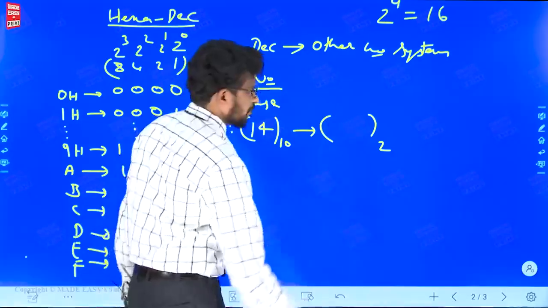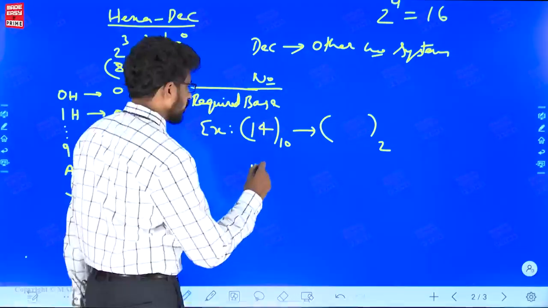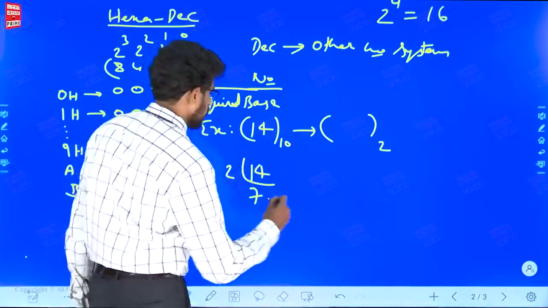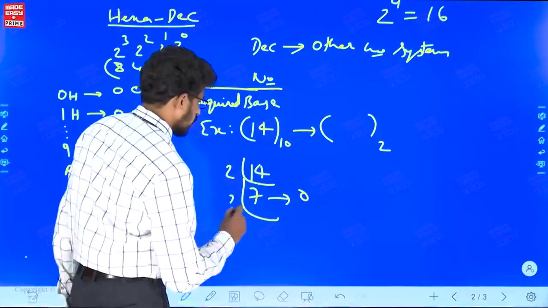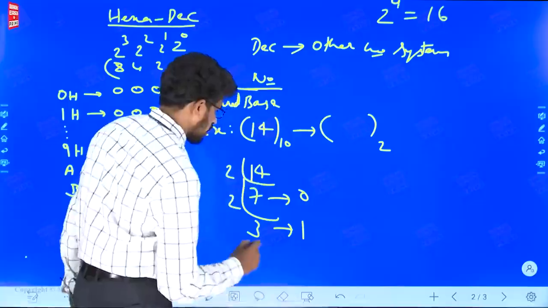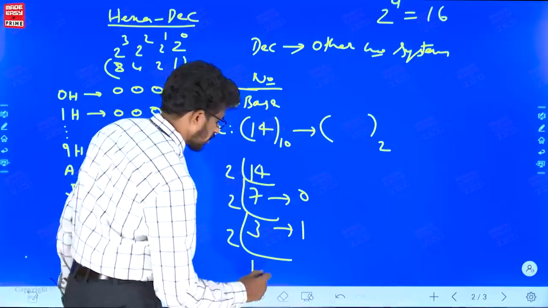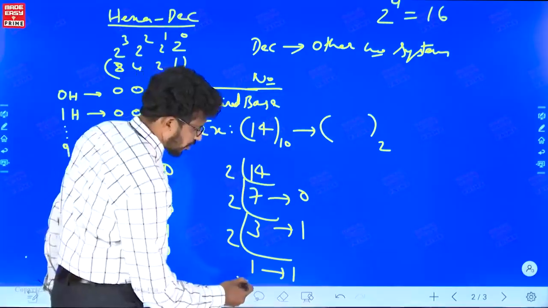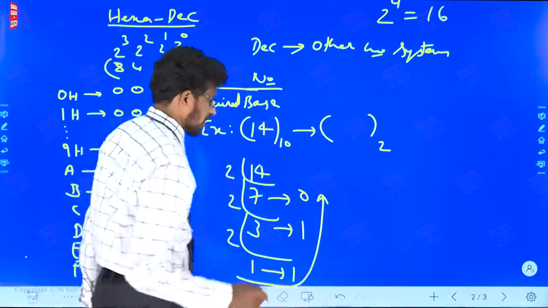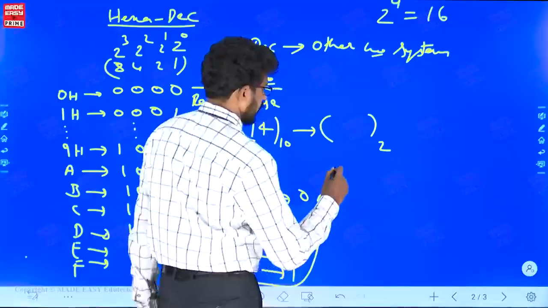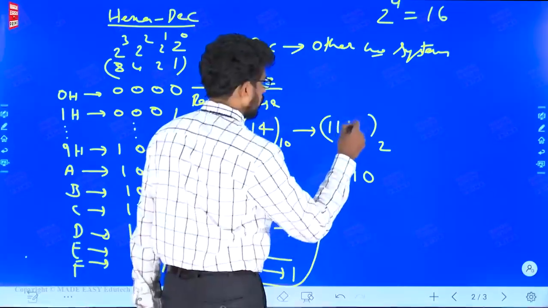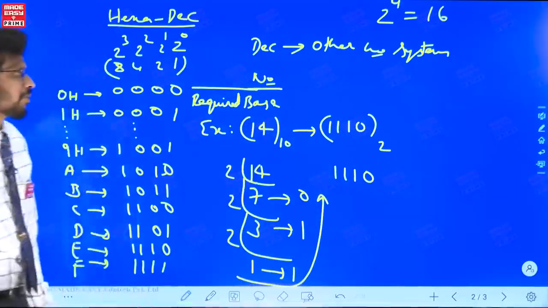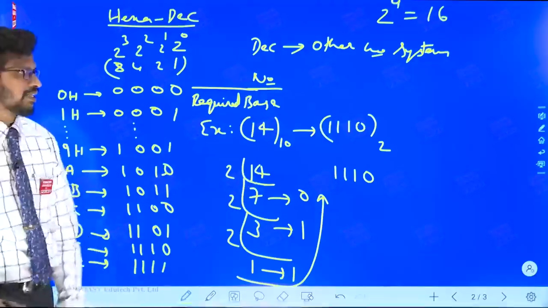I need it in binary, so 2. Just go on dividing 14 by 2. 2 7s are 14, remainder is 0; 2 3s, remainder is 1; 2 1s, remainder is 1. The second step is to consider all the remainders from last to first. So you get a value of 1110. This is how we convert from the decimal number system to another number system.